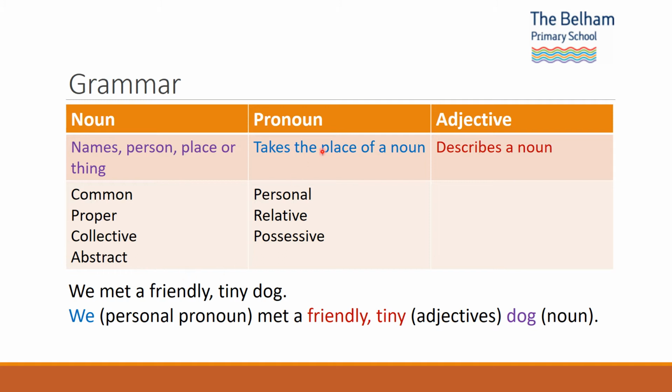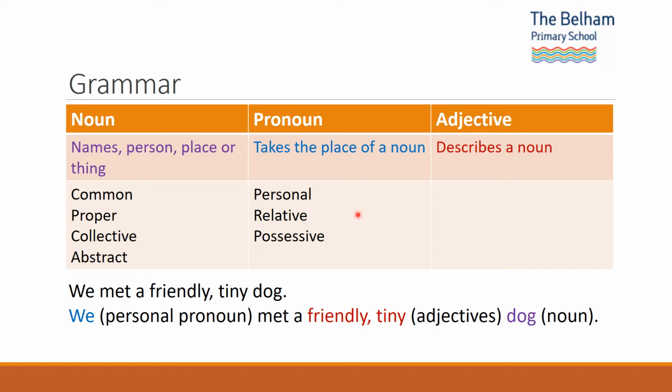Then we have pronouns. Pronouns would take the place of a noun in a sentence. And there are actually 9 types of pronouns, but we're just going to talk about 3 types today. We're going to talk about personal pronouns. So personal pronouns represent people or things. For example, I, you, he, she, it, we, you, they.